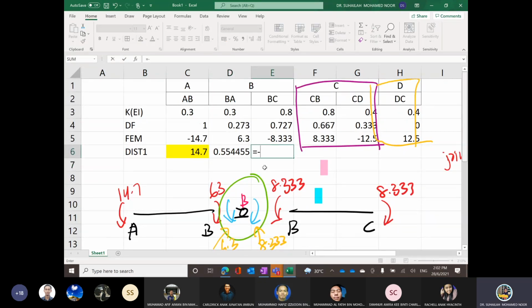So I put negative to represent the opposite condition, and then total this plus with this. Okay, get the joint moment whenever we put negative. Okay, times with distribution factor 0.2727.